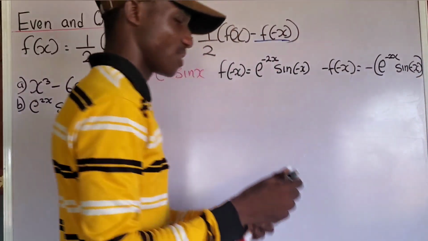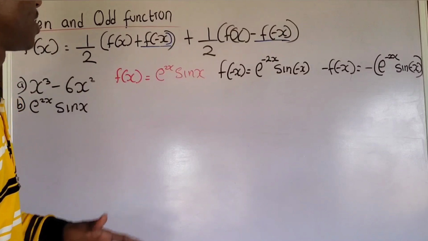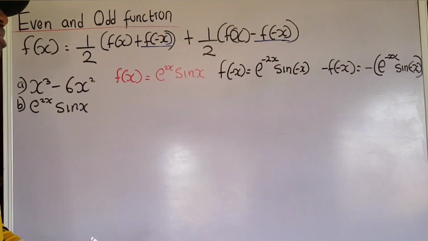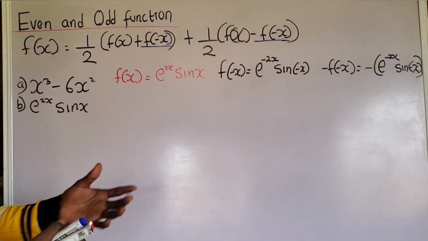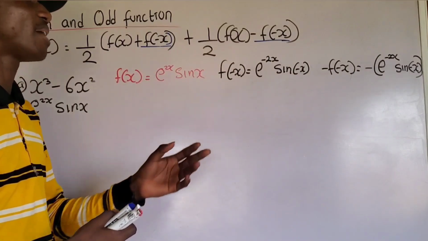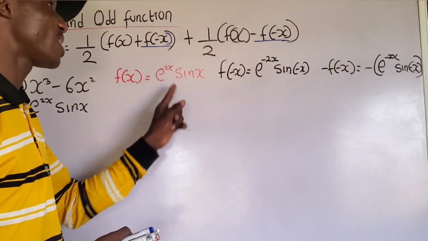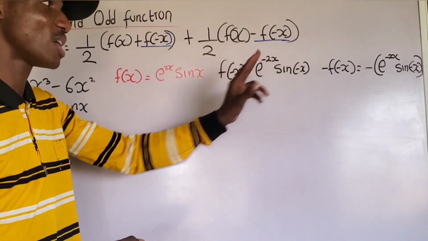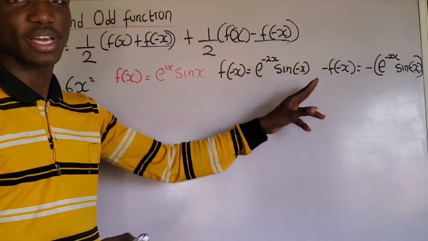Put the big bracket. Okay, if you didn't understand, listen to the explanation again. To get f of negative x, all I did was replace the value of x in this function by negative x. You understand? And because I have 2x here, when x becomes negative, I'm going to have negative 2x. And because I have sine x, that will be sine negative x.